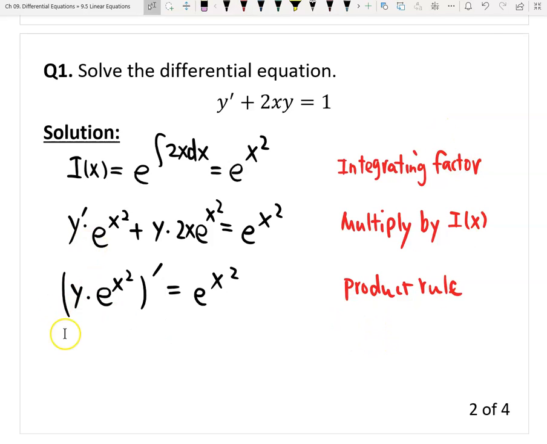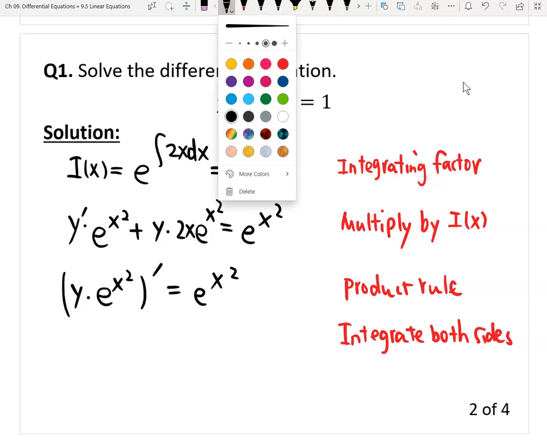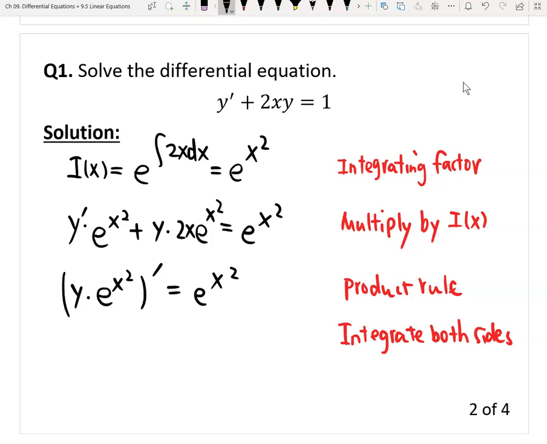Which is integrate both sides. Okay, let me integrate both sides. So we will get another simple equation. Integrate the left, what do we get? We get y times e to the x squared.